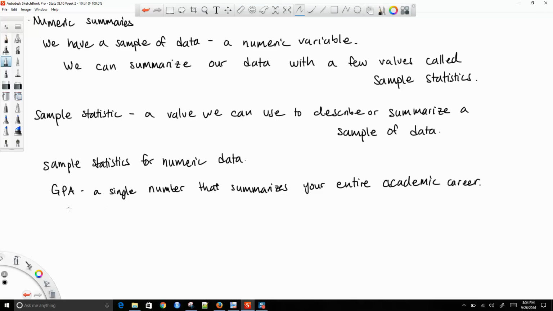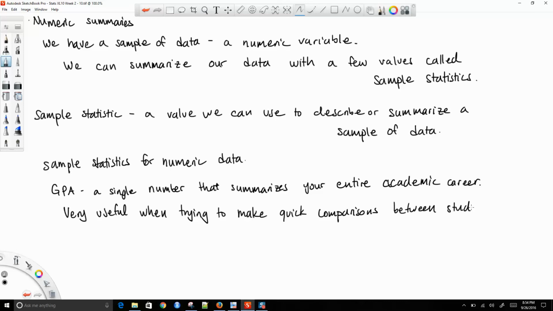This is very useful when trying to make quick comparisons between students. At the same time, we lose detail.